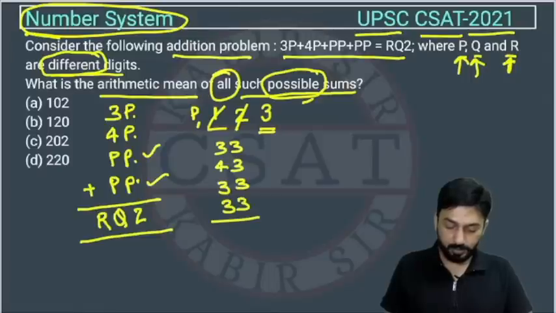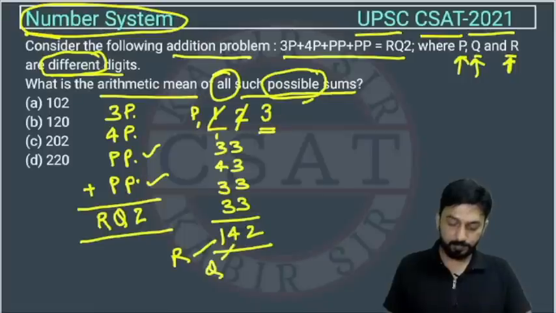Then we will add, so this will be 12, right? This one will go this side, then 9 plus 10 plus 14, right? So 142. So R will be 1 and Q will be 4, right? And this is 2. So this is satisfying, right?